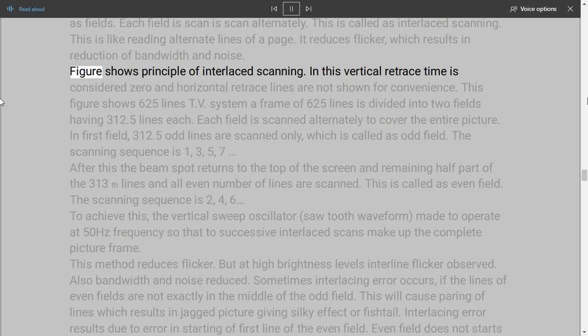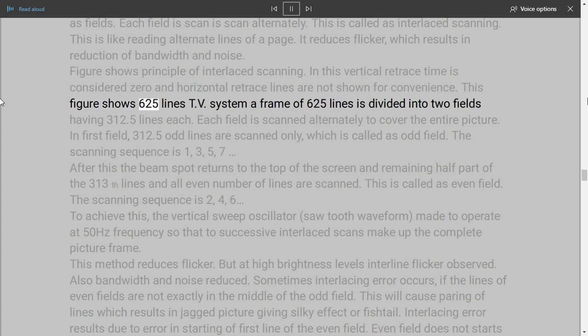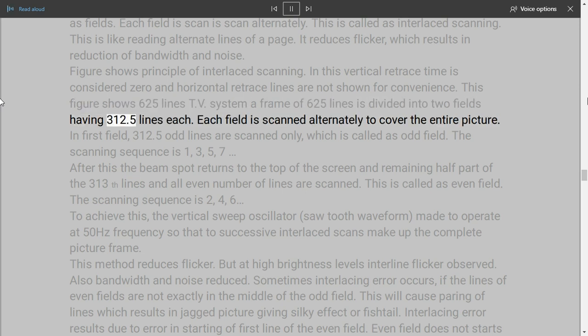Figure shows the principle of interlaced scanning. In this, vertical retrace time is considered 0, and horizontal retrace lines are not shown for convenience. This figure shows a 625 line TV system. A frame of 625 lines is divided into two fields having 312.5 lines each. Each field is scanned alternately to cover the entire picture.